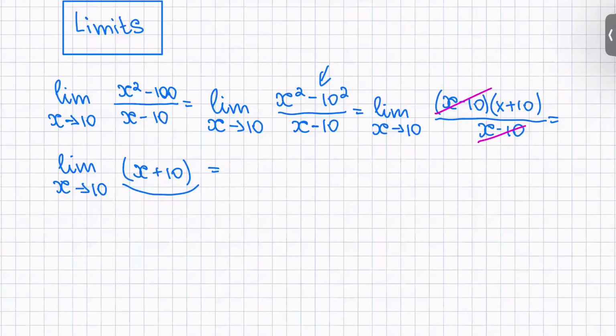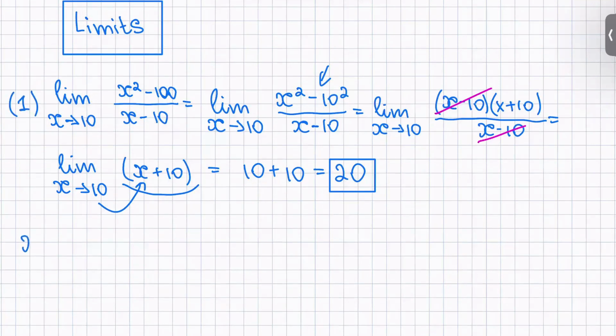So the limit of that function equals the following: we just directly plug 10 into the x value to compute this limit. It will be just 10 plus 10, which is equal to 20. So actually our limit here is just equal to 20. This is one way to compute this limit.